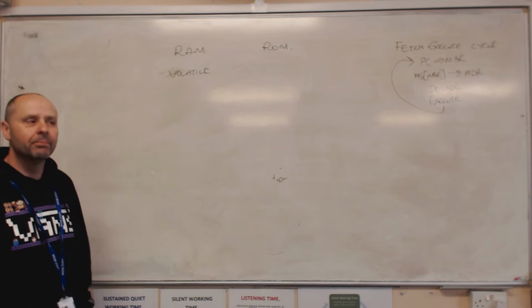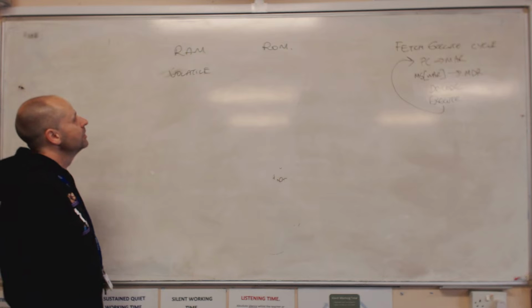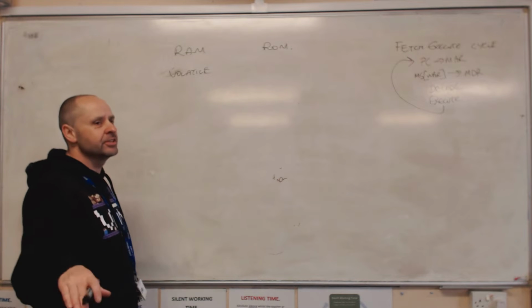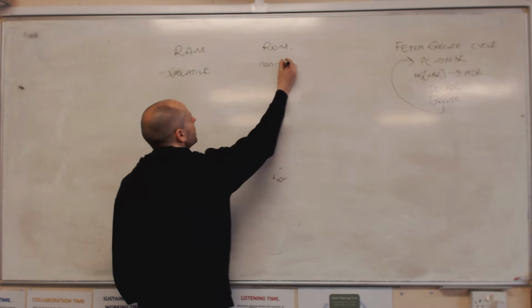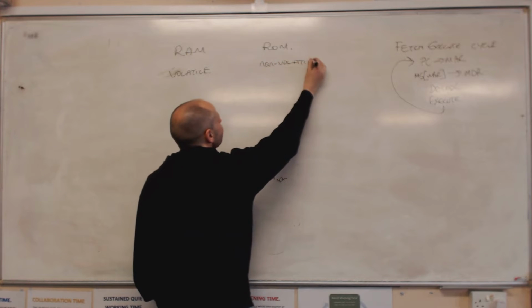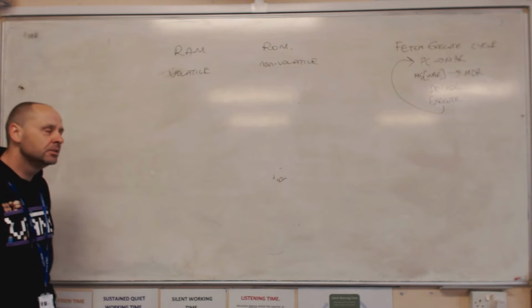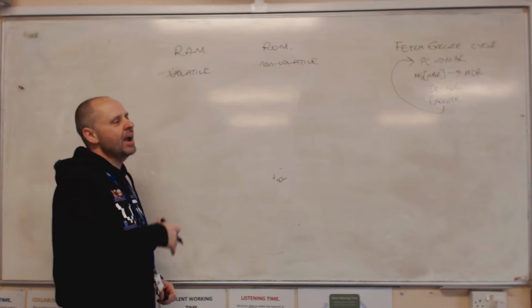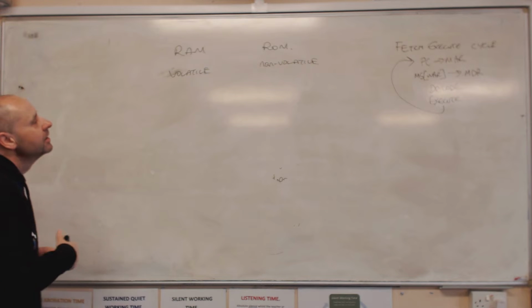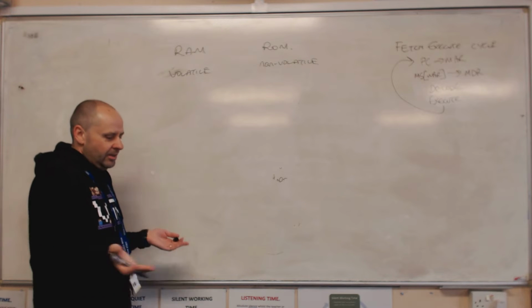That requires power. Okay? So as soon as you remove that power, the contents are lost. ROM is non-volatile. So what that means is it does not require power in order to remember the contents. We have to power it to read it, but when we take the power away, it just remembers.